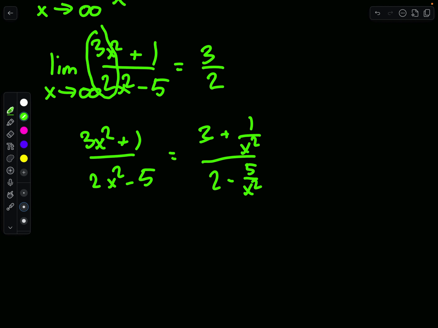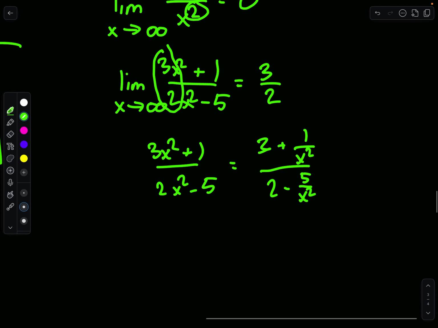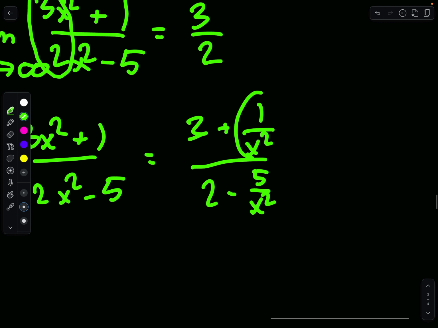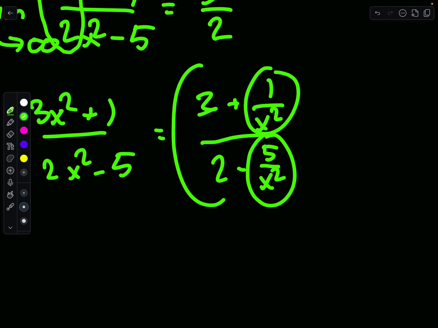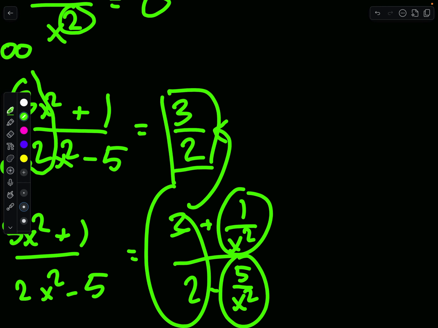This is what we did with the previous limit. In the previous one, we divided each by x. In this case, we are dividing by x squared. Now here, as x goes to infinity, this and this go to 0, meaning that we are just left with this, 3/2. And that gives us our answer.